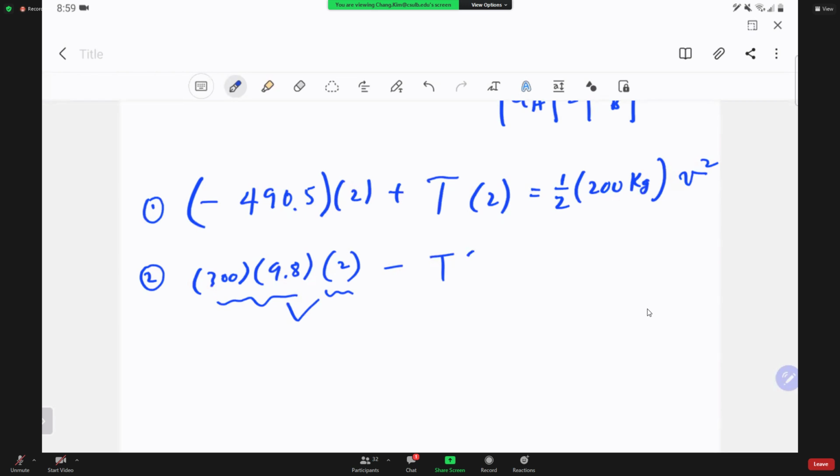How much does it go? It has to travel 2 meters, which is equal to T2, the kinetic energy at position 2, right at the bottom, displaced about 2 meters downward. So kinetic energy would be 1/2 times mv squared. In this case, mass is 300 kilograms times velocity squared.